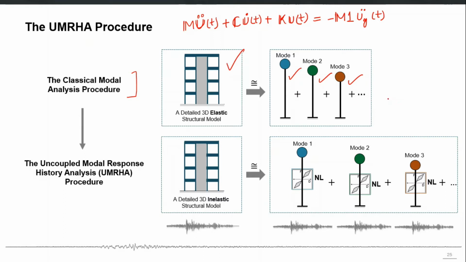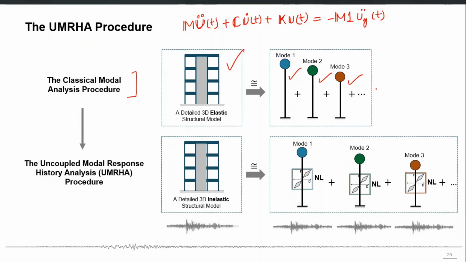This is the basic idea of the classical modal analysis, or modal response history analysis, or mode superposition method, whatever you can say. In this method, we are decomposing our multiple degree of freedom system into several single degree of freedom systems.